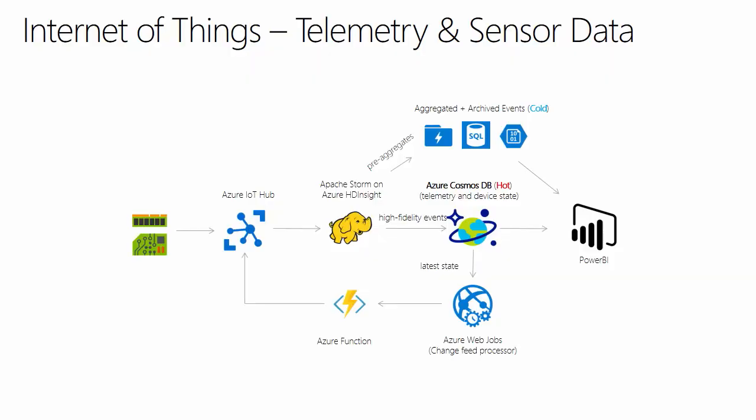Let's take a look at some of the patterns that they use. Typically, there are many ways of implementing such a solution, but this is one that we found was really quite common: you use something like IoT Hub first to establish a bidirectional way of communicating with the device. That way, not only are you able to absorb events coming in, but you also are able to push commands back down.